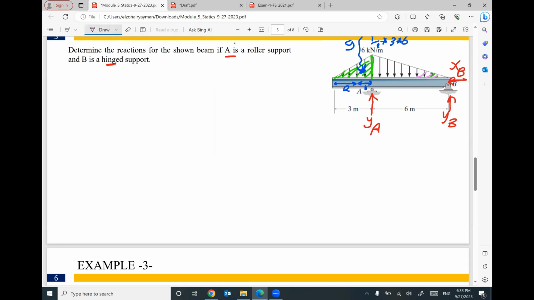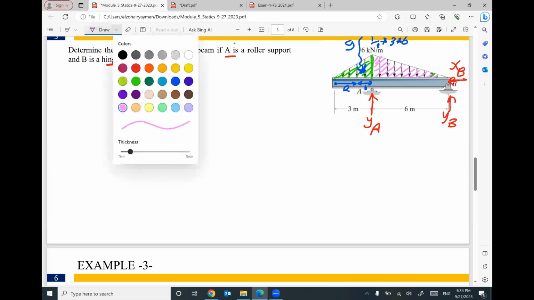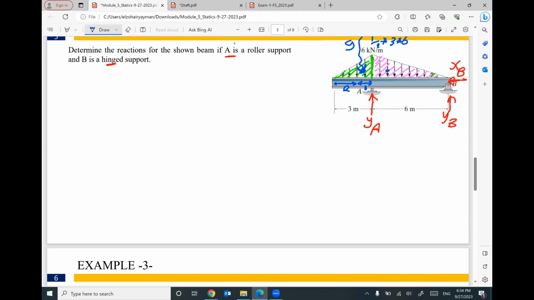This one, with a centroid located here, 1/3 of the 6 will be 2, 2/3 of the 6 will be 4. The equivalent will be located here. How much? The area, 1/2 times base 6 times height 6 equals 18.